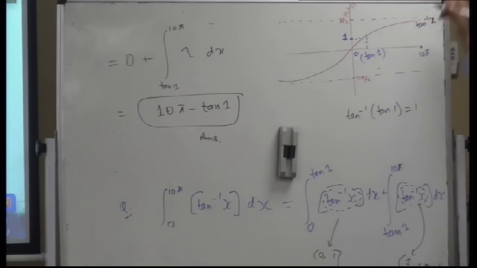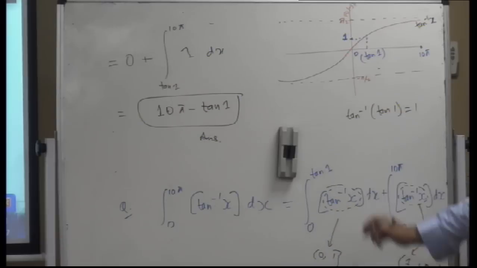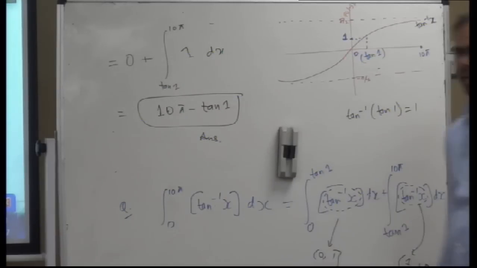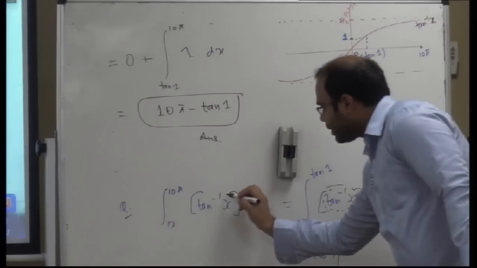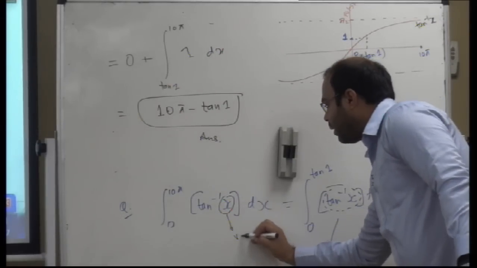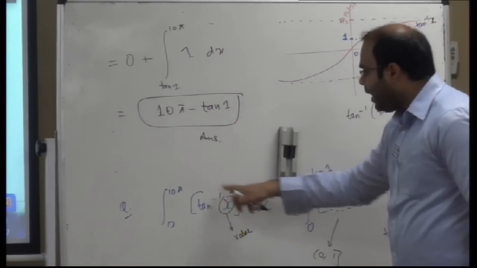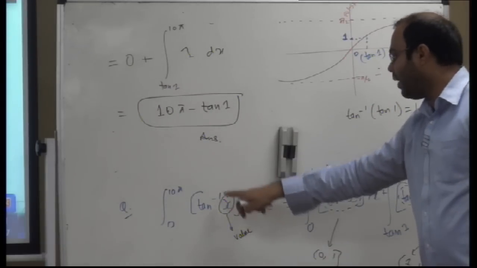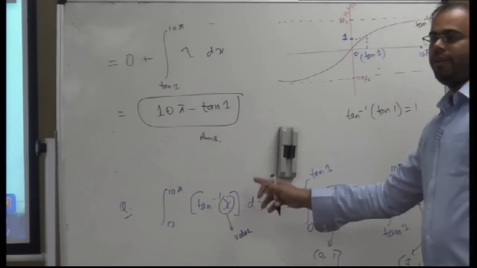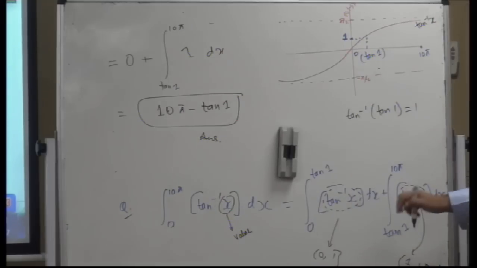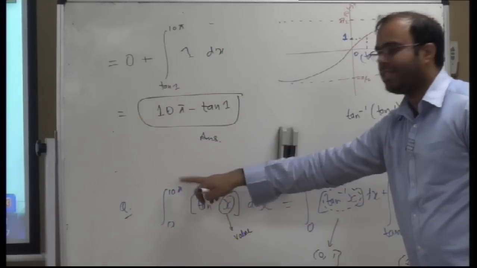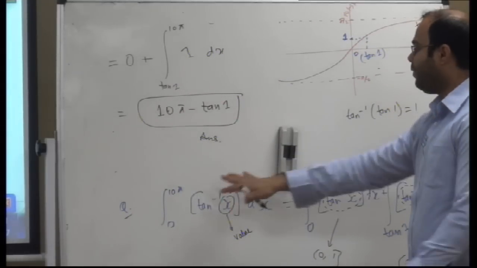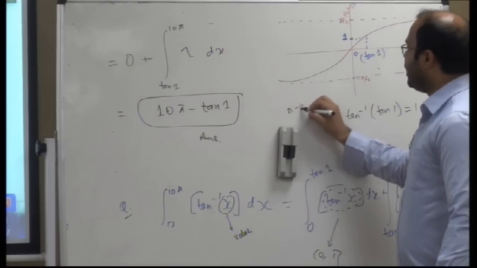Now when we talk about the limit of x from 0 to 10 pi, this x is a value, not an angle, obviously, because tan inverse x has been taken. In inverse trigonometry we take x as a value, and when tan inverse is applied on it we get an angle. So this 10 pi cannot be confused with an angle. This is a value.